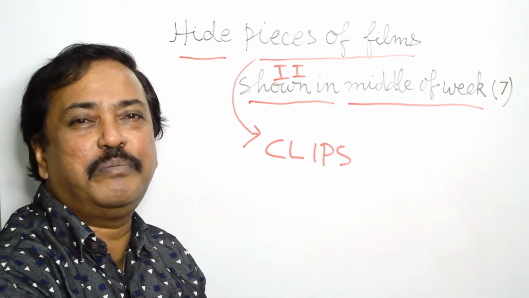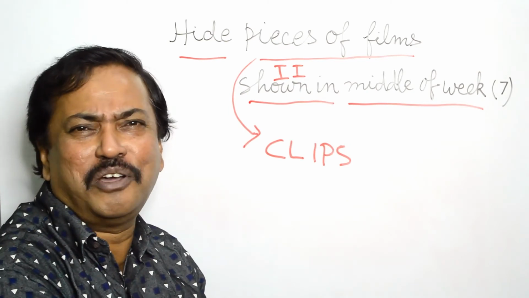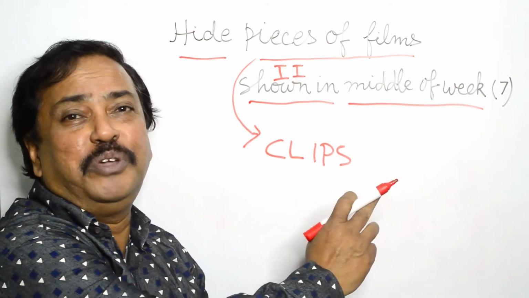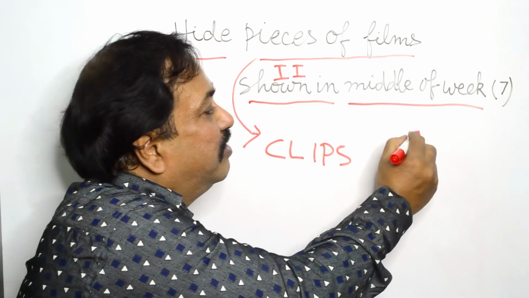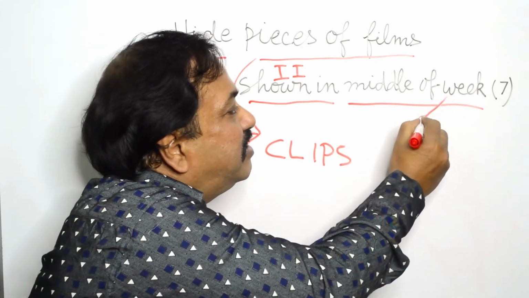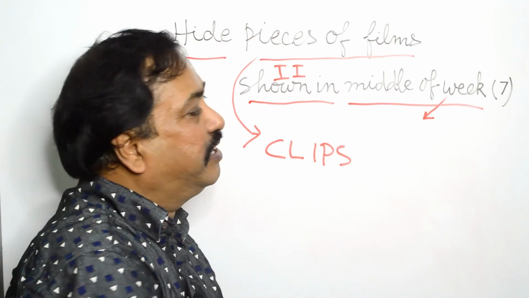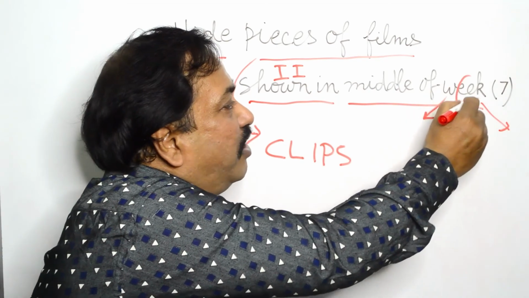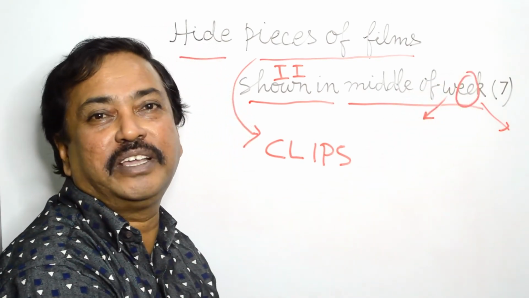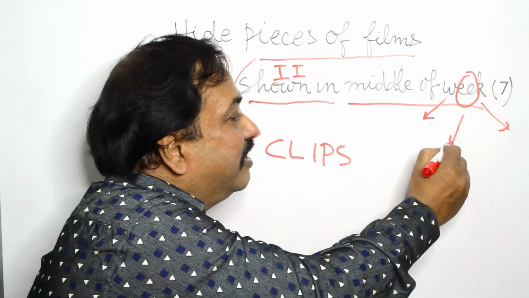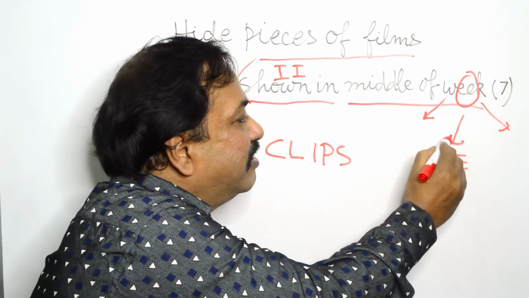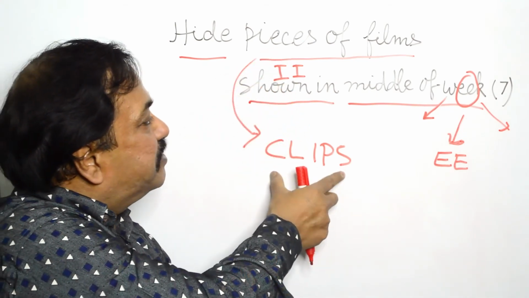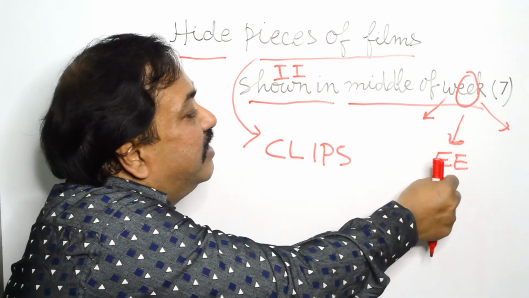Now as beginners we may guess middle of week to be Wednesday or Thursday, but no, it is not so. The middle of week is right inside here. This is the left of week. This is the right side of week. Okay. And the middle of week or the central part of week is double E. And these pieces of films, clips, shown inside this.